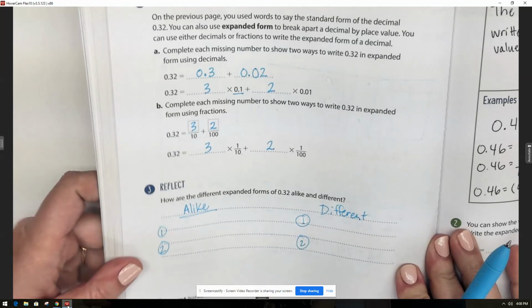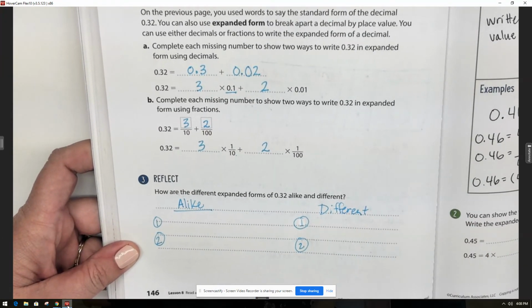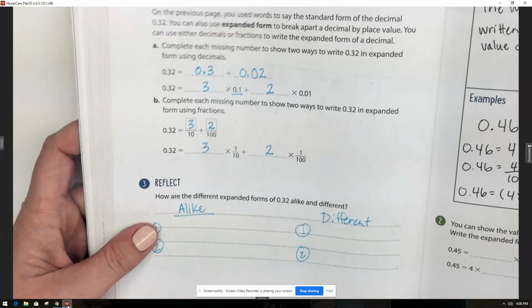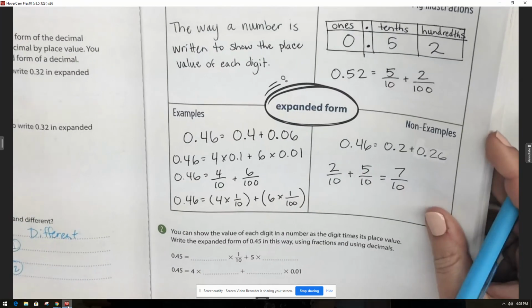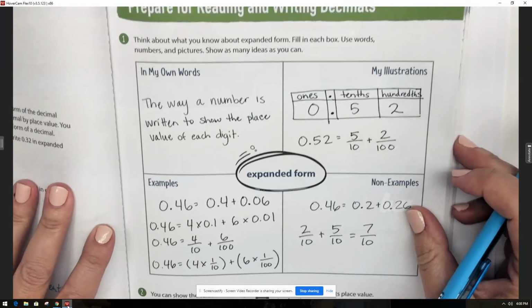Go ahead and pause the video here and write down the two ways they are alike and the two ways they are different. Okay, you should have paused the video and you should have that completed. I will probably be going over that later, so make sure that you have that completed.